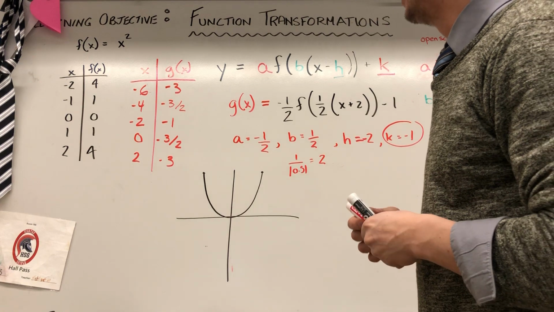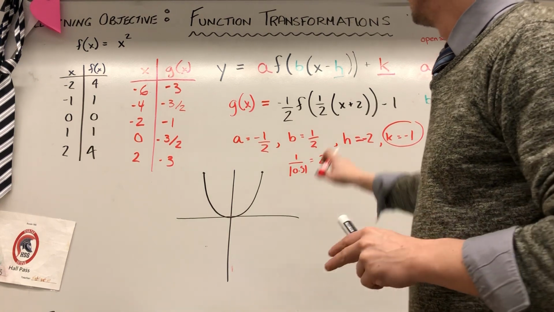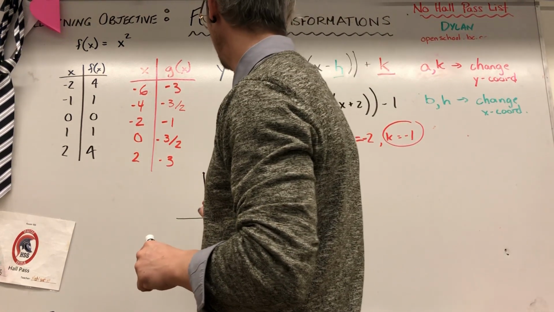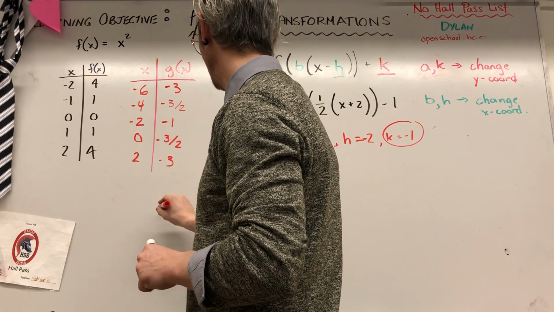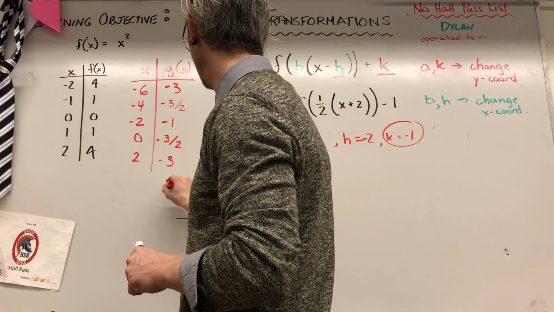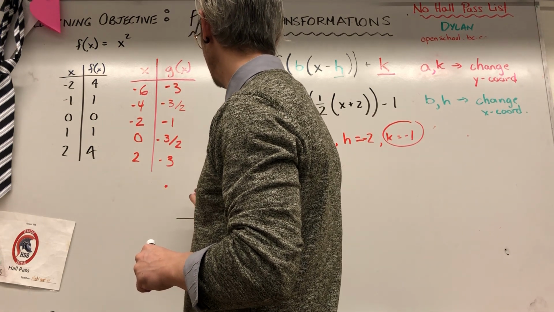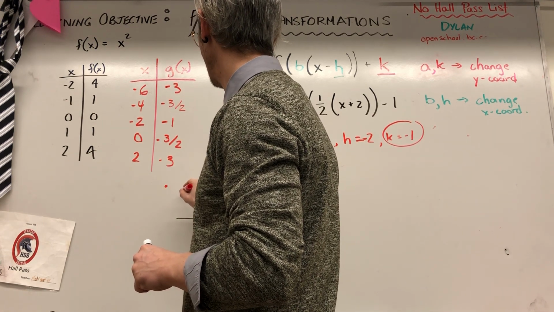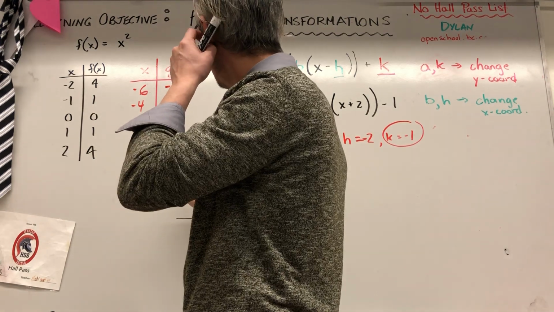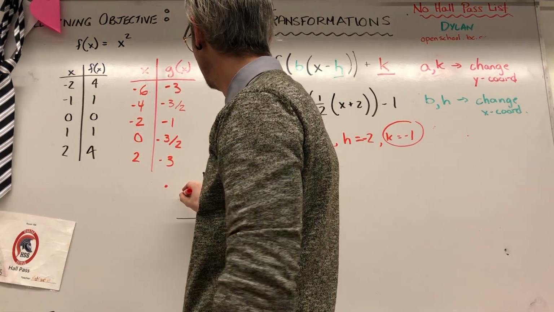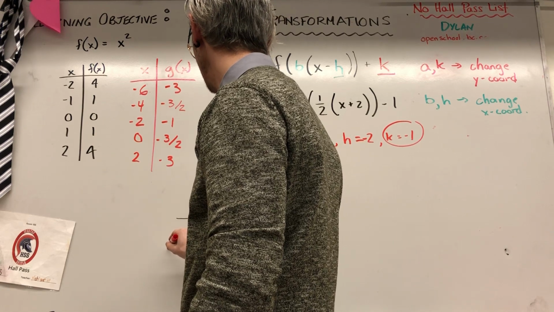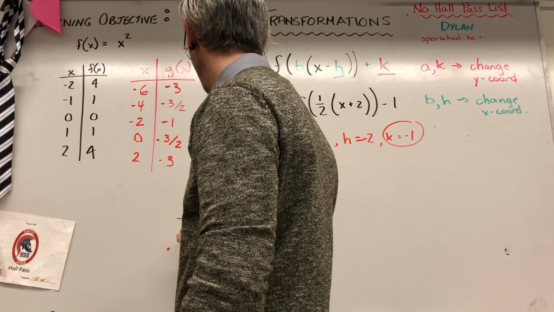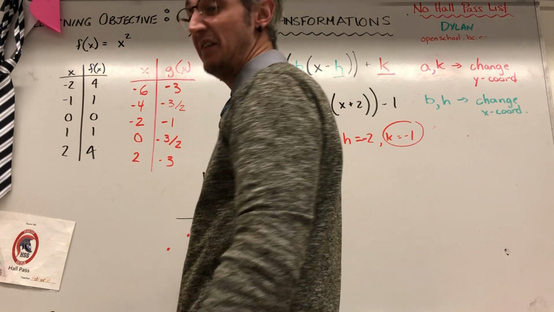And my transformation goes from x is -6. We were at -2 originally, so we're actually going to be way out here. -6, -3. Whoops. Then I'm going to be at -4, -3/2, somewhere in that range.